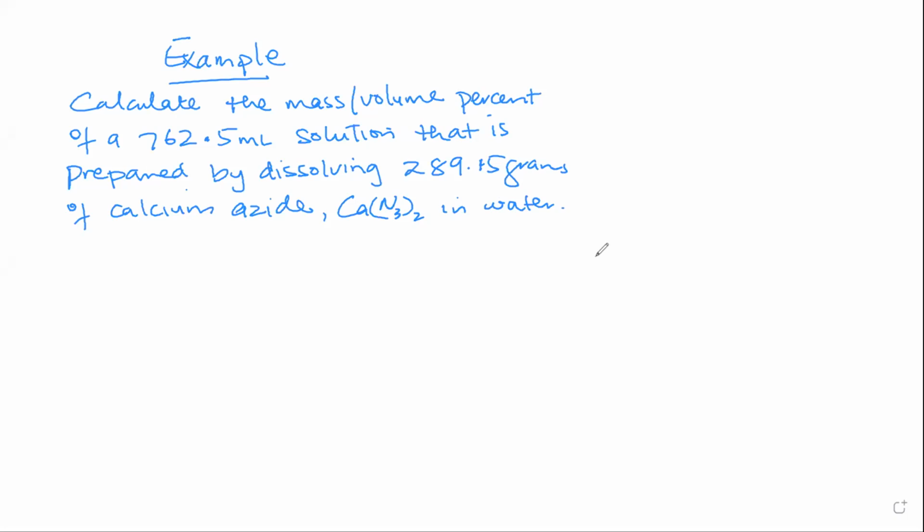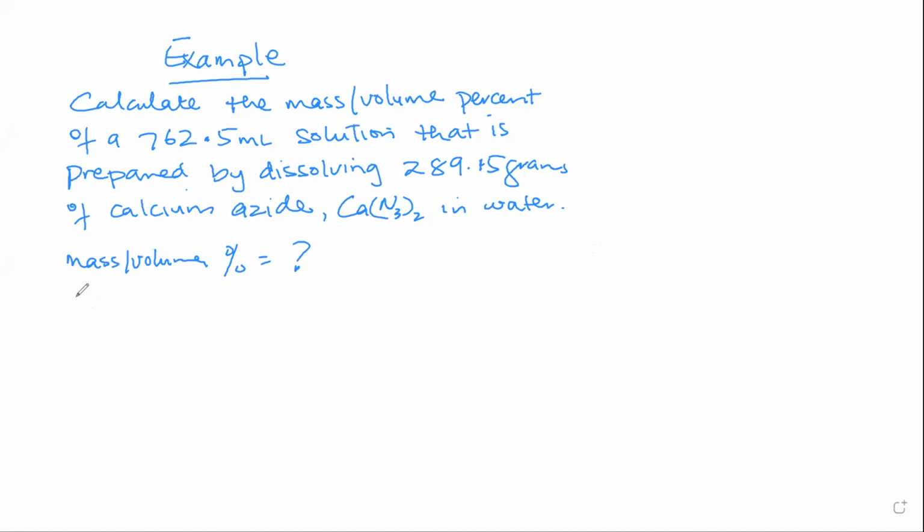Again, we have to analyze the problem. It's very clear. It says calculate the mass volume percent. So the mass volume percent, we do not know. And then it says of a 762.5 ml solution.